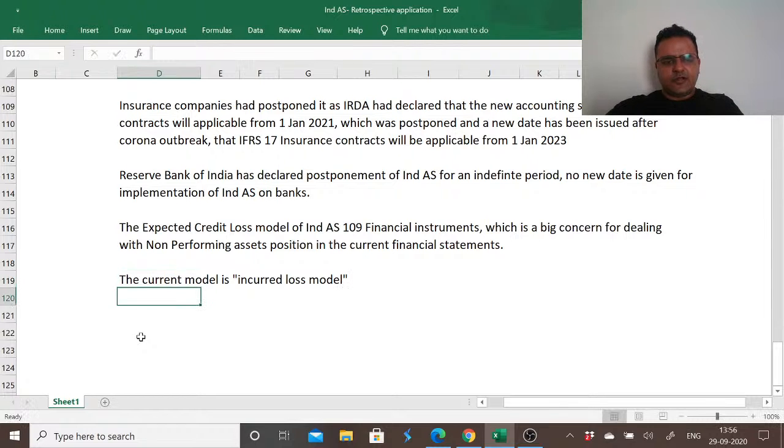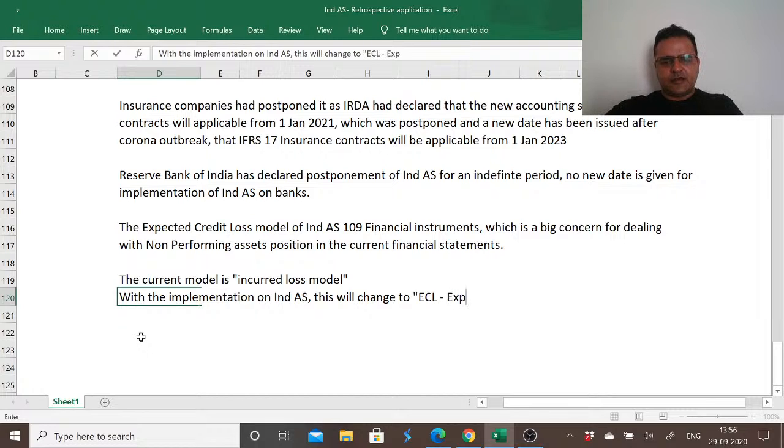With the implementation of Ind AS, this will change to ECL, that is the expected credit loss model.